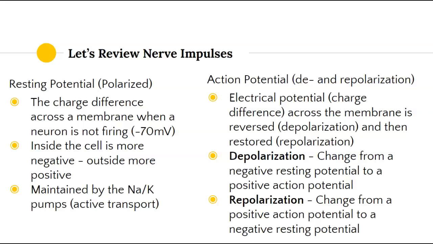So depolarization is a change from a negative to a positive, and repolarization is a change from a positive to a negative. Okay? So you're starting at a negative, right? You start at negative 70, so it goes from negative 70 to some positive number when you're depolarizing, and then when you're repolarizing, whatever positive number you were at, it will go back to negative 70.